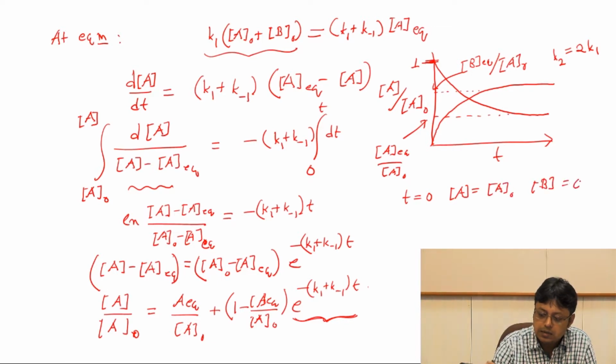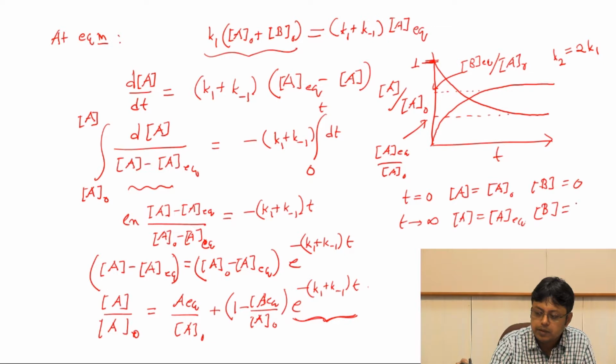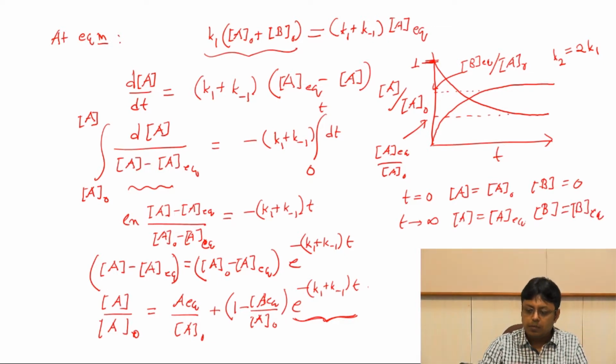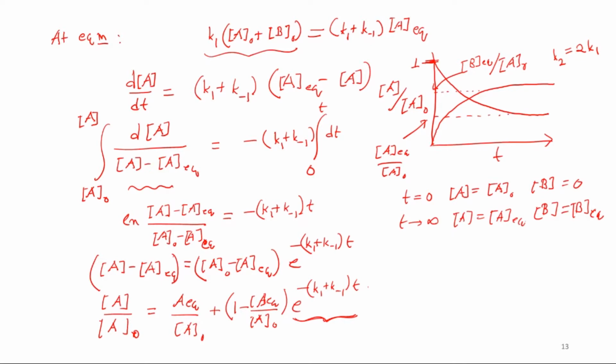And at a very, very long time, A has attained the equilibrium concentration, and B has also attained the equilibrium concentration, and their ratio is 2. B equilibrium by A equilibrium is 2, but we are plotting A by A0, everything divided by A0.